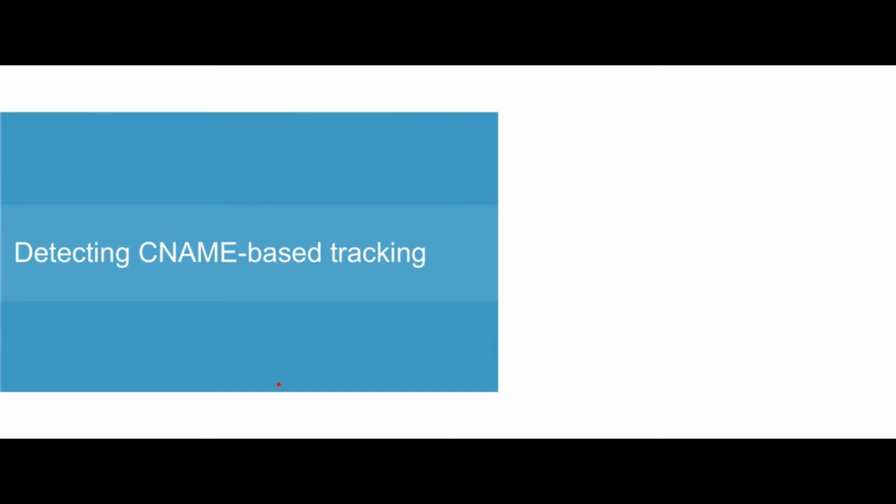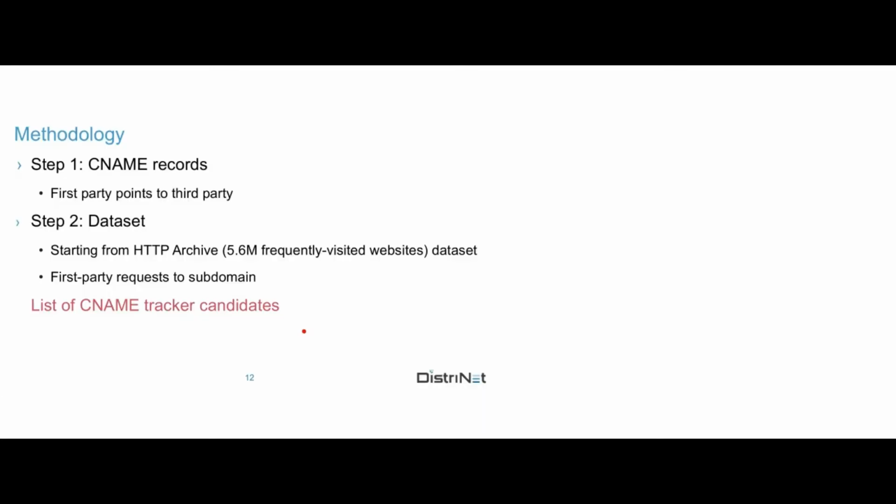So I will now explain how we were able to detect CNAME-based tracking. Well, first of all, we need CNAME records, and not just any CNAME records, but first-party CNAME records that point to a third party, because again, in CNAME-based tracking, a first-party subdomain of the website is connected to a third-party tracker via CNAME record.